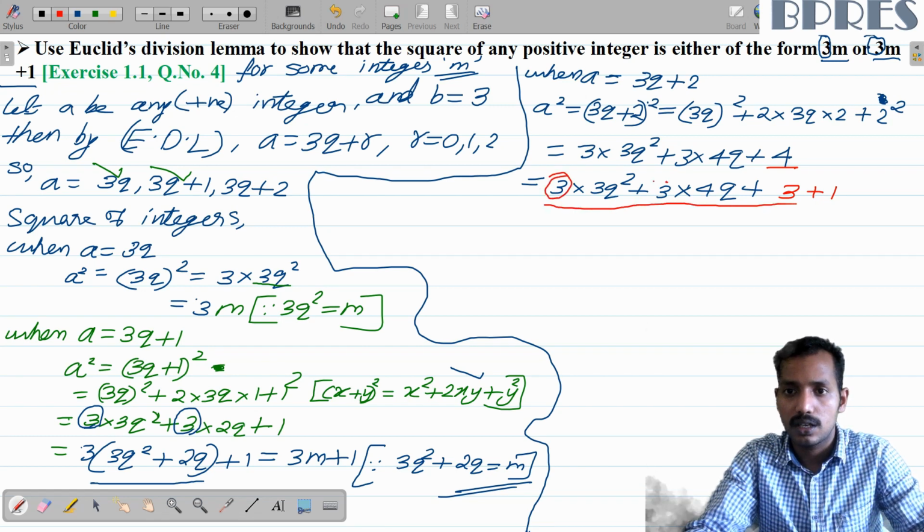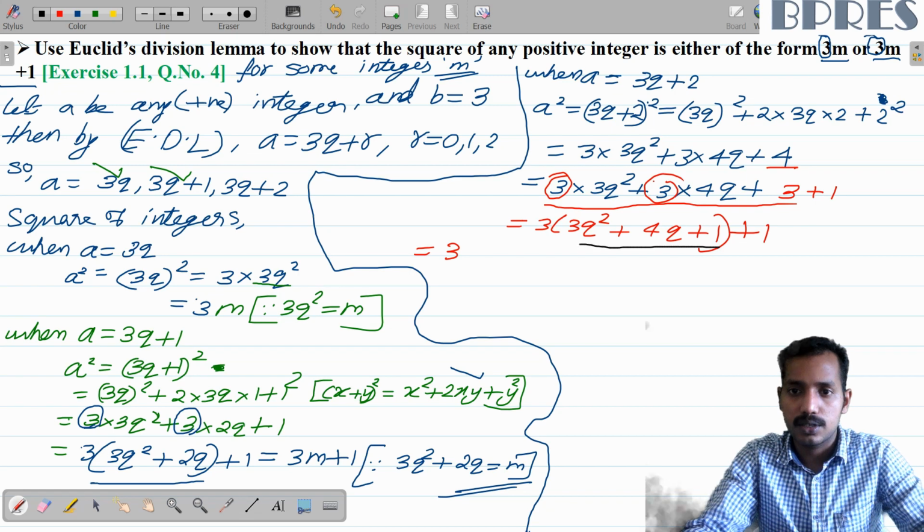So let's take that 3 outside. We will get 3 into (3q square plus 4q plus 1), plus one more 1 outside the bracket.